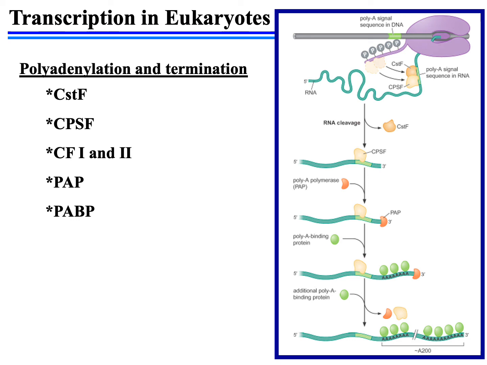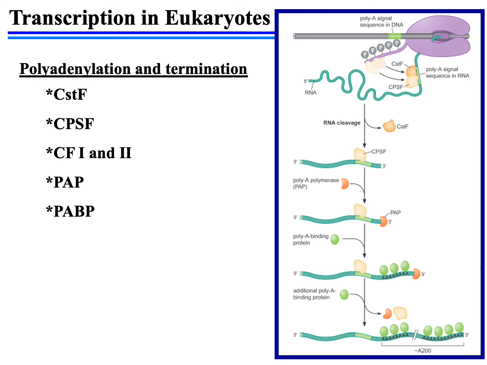So now let's try to put all of these puzzle pieces together in a very simplistic view, and then in the next slide we will look at it in a little more detail. The first thing that occurs is that CPSF and CSTF bind to the C-terminal domain of the RNA polymerase 2.